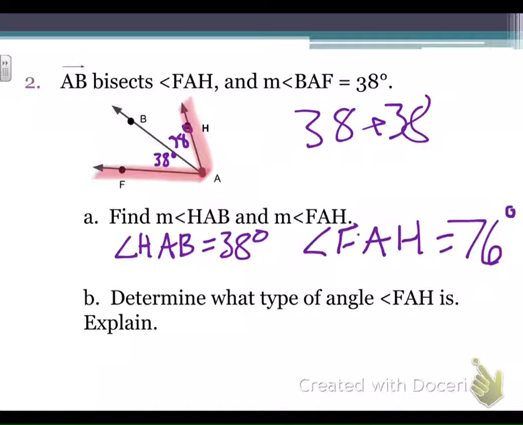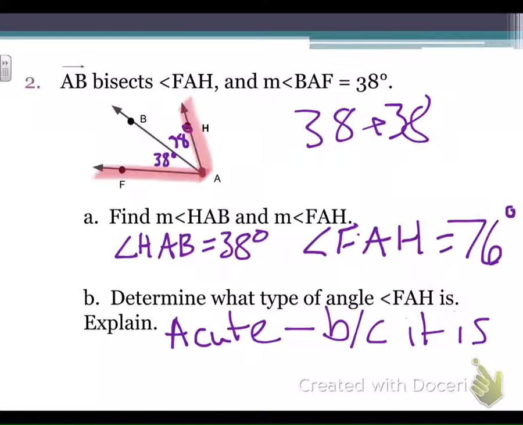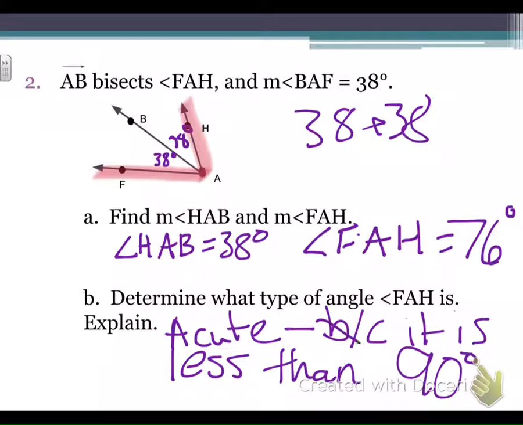It's acute. Why? It's less than 90. Okay, very good. Do you guys see how tracing it helps me stay organized so I don't lose what I'm looking for? I want you to use that strategy, okay?